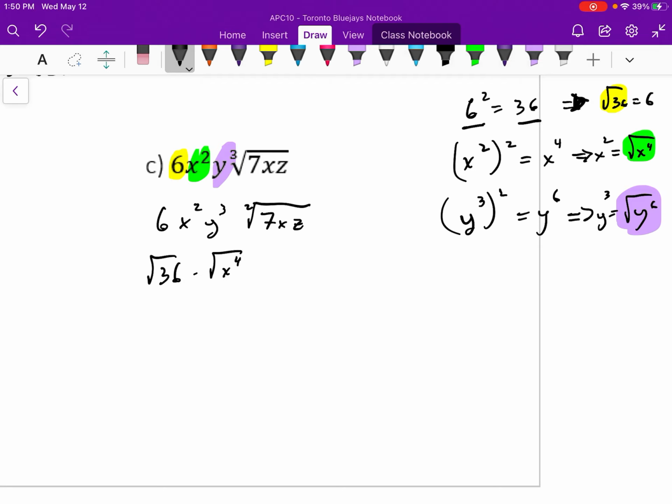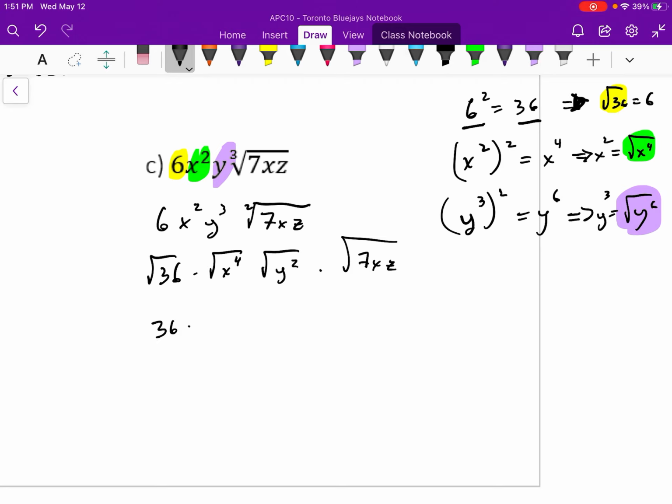I'm just simply replacing my quantities 6, x squared, and y cubed with what I have highlighted in yellow, green, and purple. I'm going to get rid of my index of 2 there, simply because there's a lot of exponents going on. Everything here is a square root, so it has the same index.